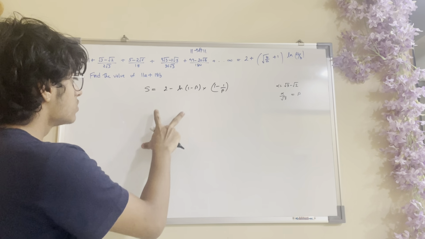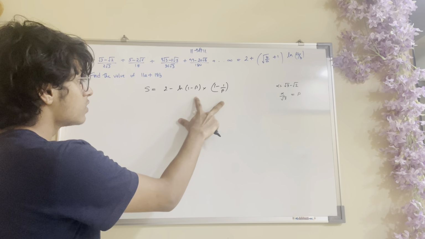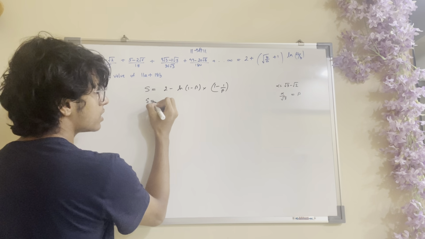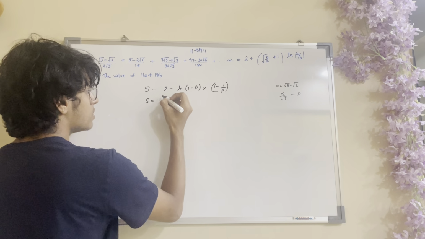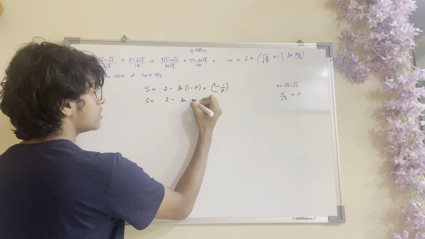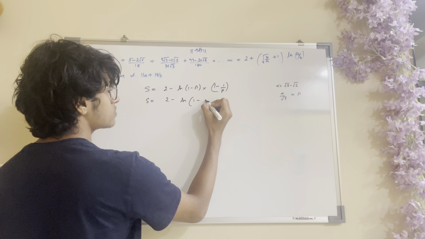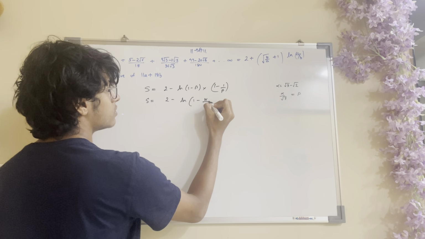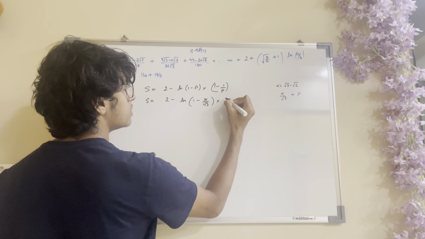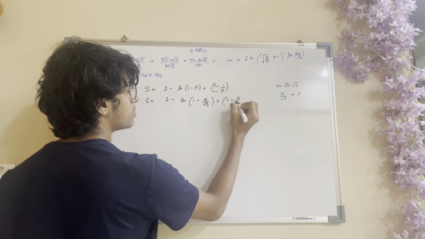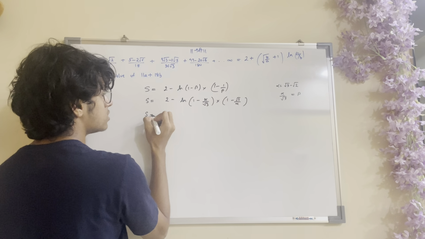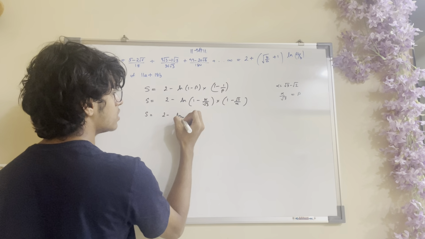Now we had already proved this, so substituting the value of beta as alpha by root 3, we have 2 minus ln(1 minus alpha by root 3) into (1 minus root 3 by alpha). This is equal to 2 minus ln.